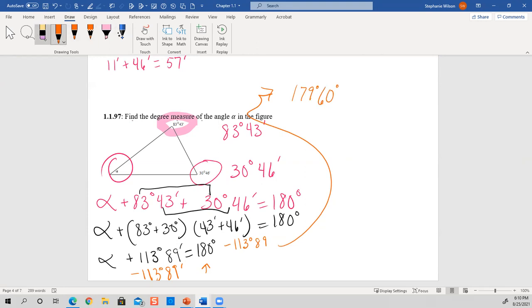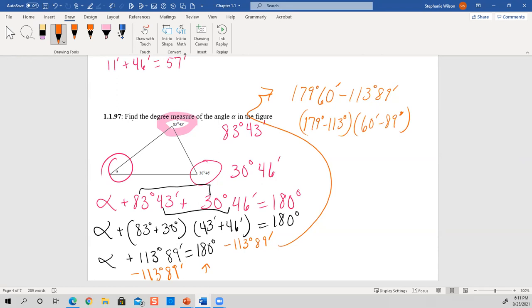And why am I doing this? Because we have minutes involved here. Okay. So now minus the 113 degrees, 89 minutes. All right. So now I'm going to say 179 degrees minus that 113 degrees, and the 60 minutes minus the 89 minutes.